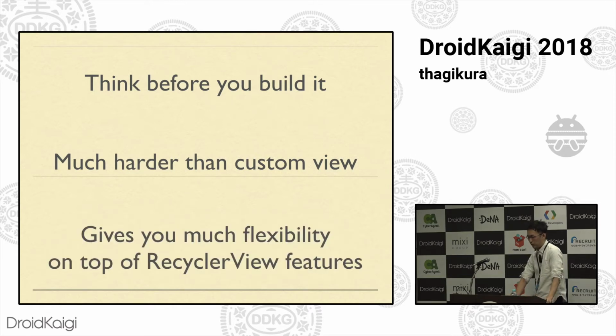But once you build it, it gives you much more flexibility. You can have your own custom layout on top of the existing features of RecyclerView, like view recycling, item prefetch, flexible item declarations, and so on.